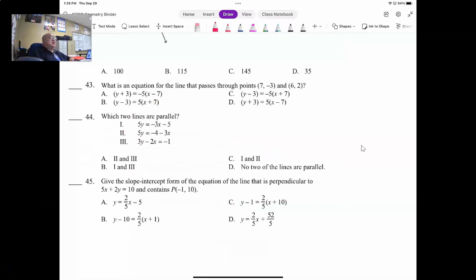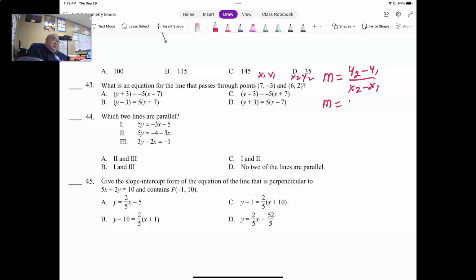Number 43: what is an equation for the line that passes through the points x1, y1 and x2, y2? So we have to write an equation, but we need to find the slope first. How do you find the slope? y2 minus y1 over x2 minus x1. And remember, I'm going to provide you the formulas.